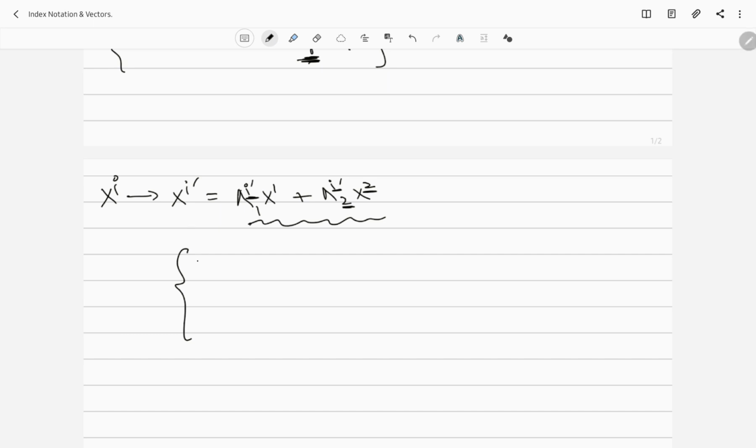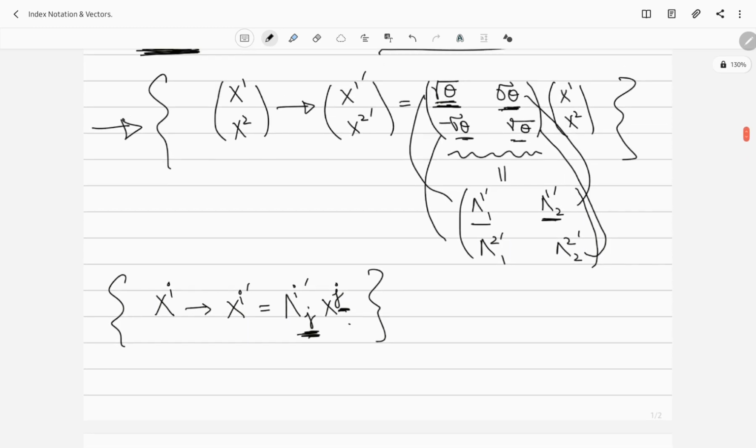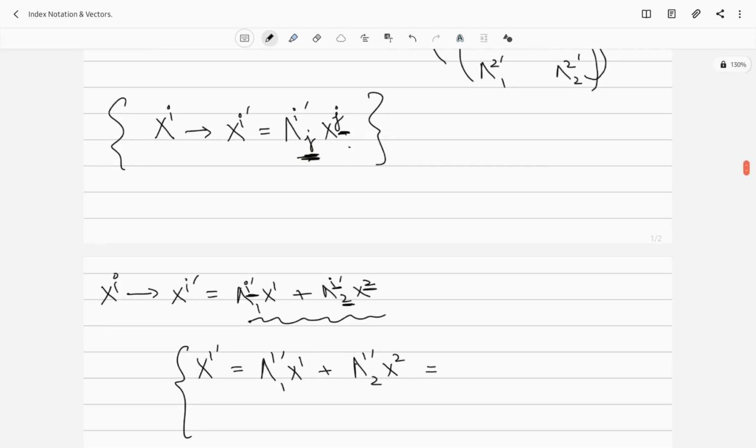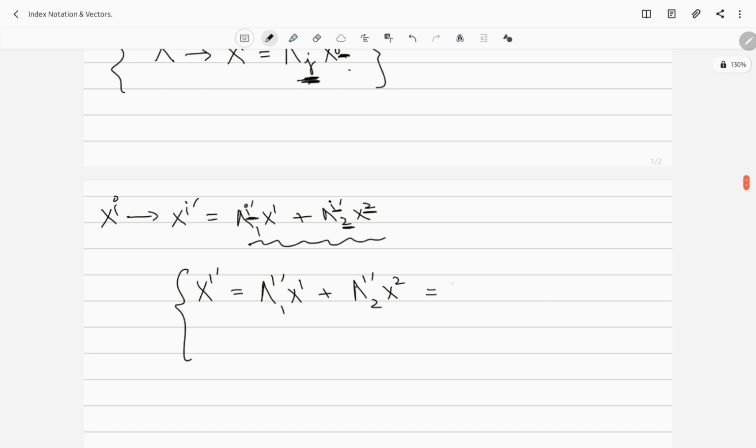Which are those? Well, they are x1 prime is equal to lambda_11 prime x1 plus lambda_12 prime x2. And if you look over here, what is lambda_11 prime? Well, it is cosine theta, and lambda_12 prime is sine theta. So this simply gives you cosine theta x1 plus sine theta x2.